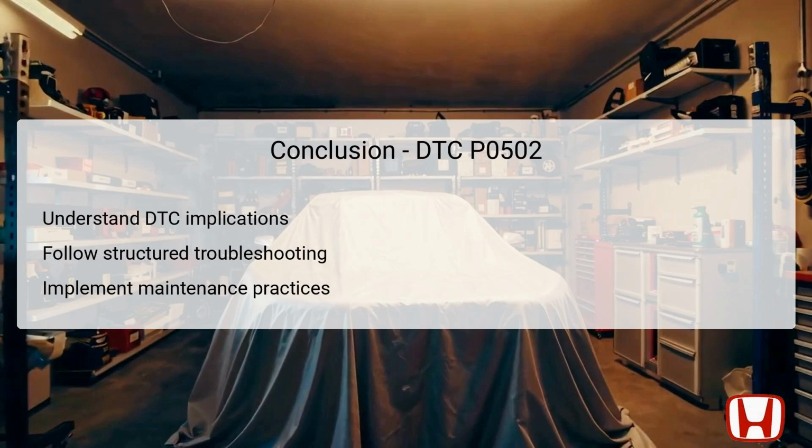The outlined, structured troubleshooting steps provide a clear pathway to diagnosing and rectifying the problem effectively. Following these steps meticulously, while keeping an emphasis on preventive maintenance practices, will enhance vehicle reliability moving forward. By addressing electrical issues proactively, owners and technicians can ensure a smoother driving experience without the disruptions that accompany DTC codes.